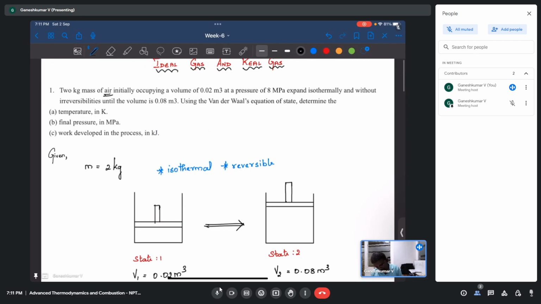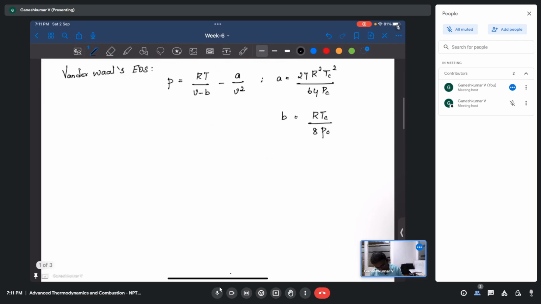We already know the critical temperature and pressure for air, or you can refer to tables. The temperature is 133 Kelvin and the pressure is 37.7 bar. Now everything is defined. What you need to do is substitute a and b inside this equation of state, and then find the answers to all the questions.